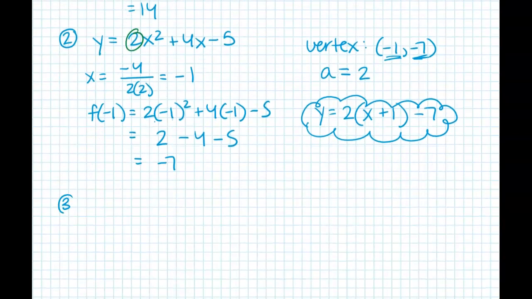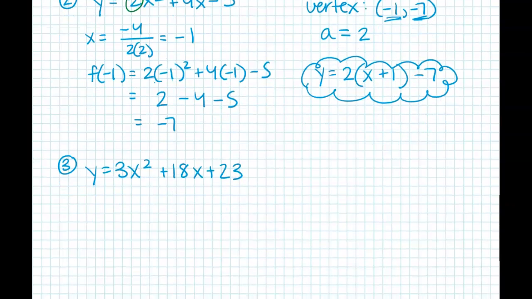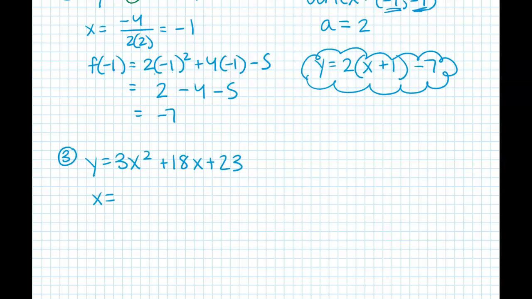Let's do one more. Y equals 3x squared plus 18x plus 23. You're always welcome to pause and try it on your own and then come right back. Our x-coordinate will be negative 18 over 2 times 3, which is negative 18 over 6, which is negative 3.